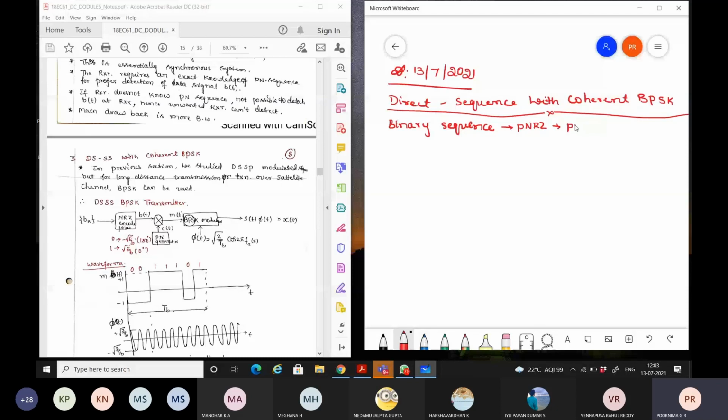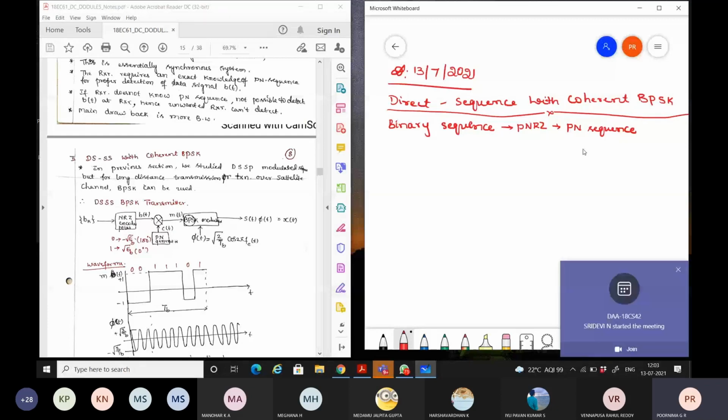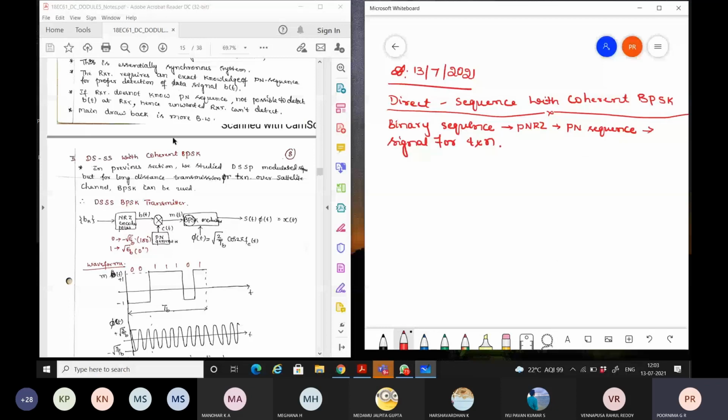And when you go for this direct sequence spread spectrum signal, after only these two modulations, it is not possible to transmit over the satellite channels, because the strength of the signal will be weak. Hence, we have to overcome this drawback which is available with the direct sequence spread spectrum.